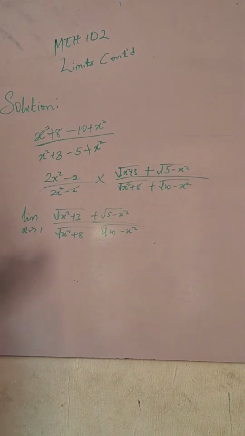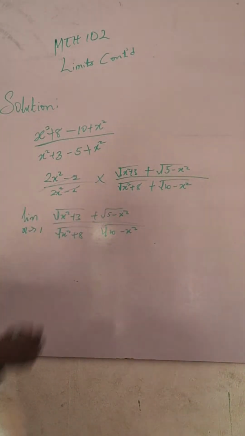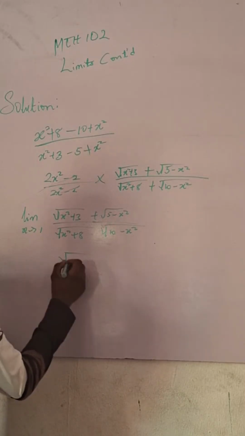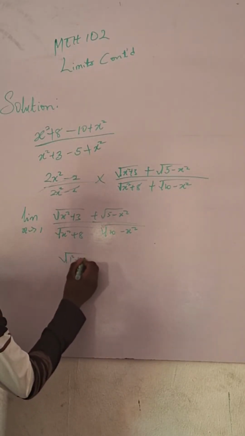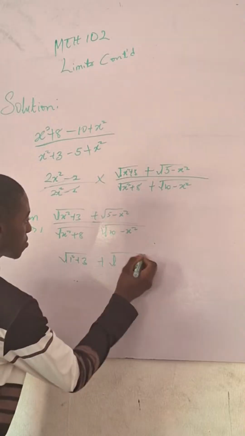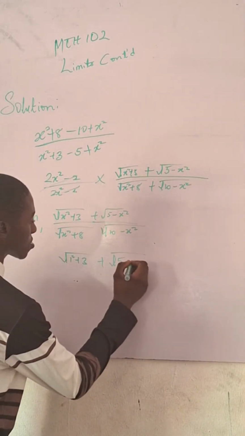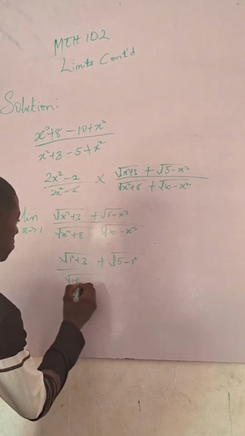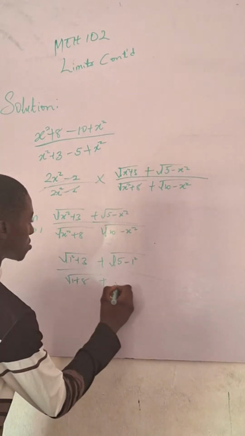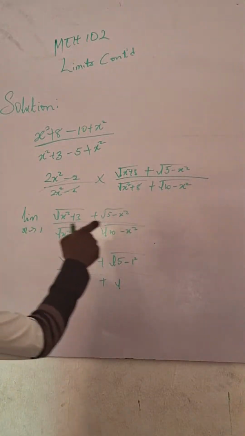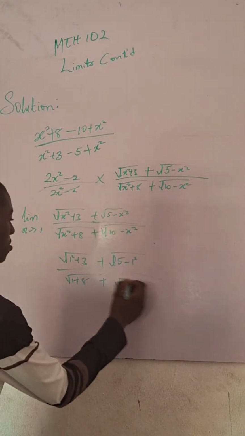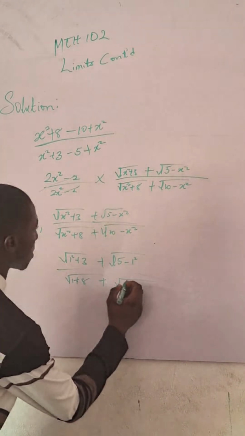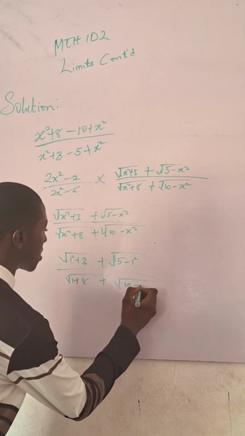So now plug in 1 wherever I see x. So this would be the square root of 1 squared plus 3 plus the square root of 5 minus 1 squared over the square root of 1 plus 8 plus the square root of 10 minus 1.